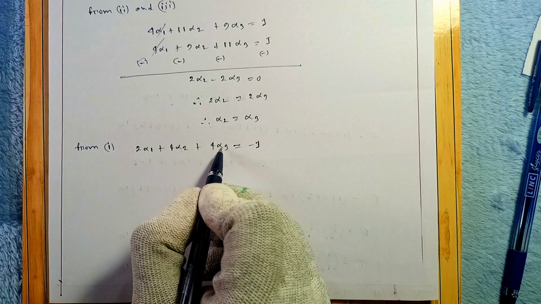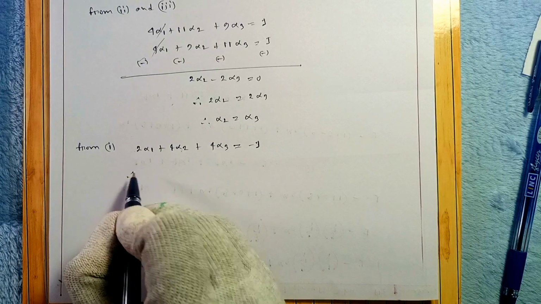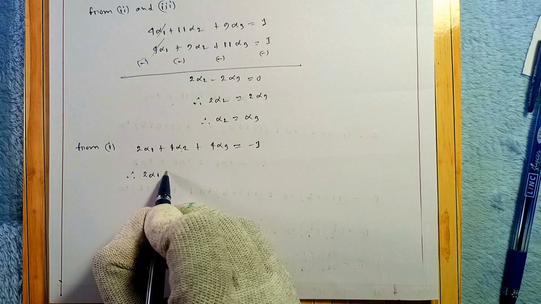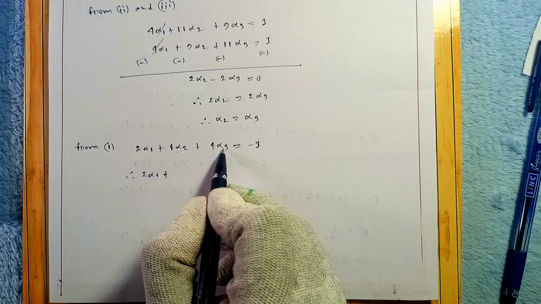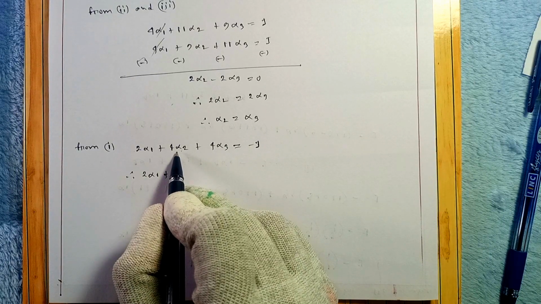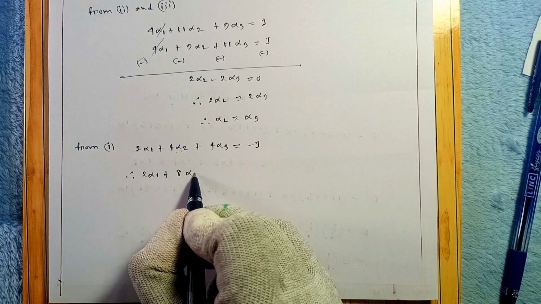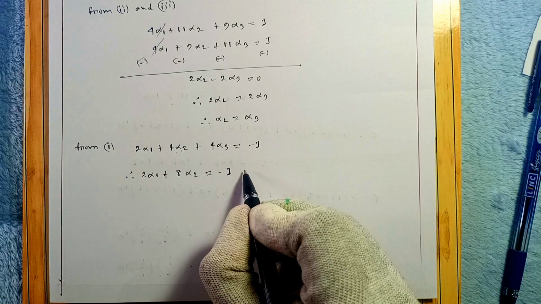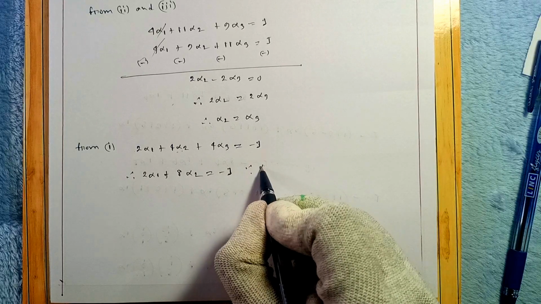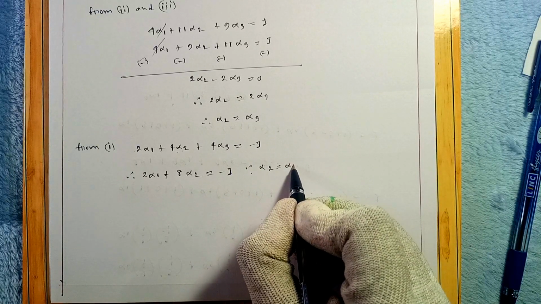So we can write this one as alpha 3 or this one as alpha 2. So you can write 2 alpha 1 plus this total, this one and this one are equal, so you can write 8 alpha 2 equal to minus 1. Here alpha 2 equal to alpha 3.